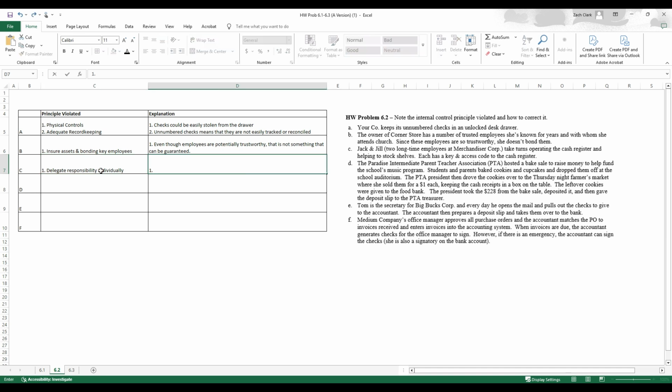Here we're going to say only one person should work the register and have access to the cash register at a given time.